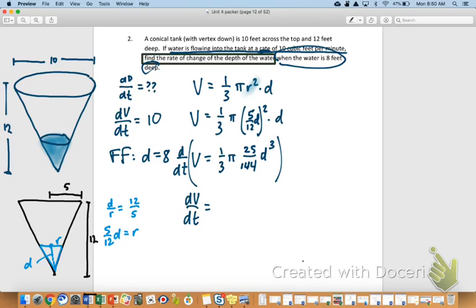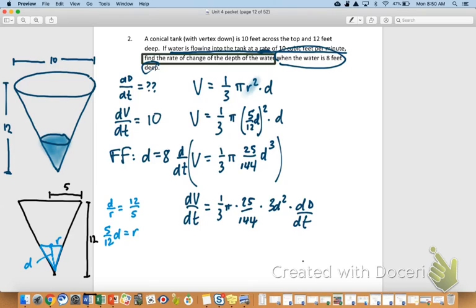Do y'all realize that 1/3 and pi and 25/144 are all constant multiples? So I can basically cover those up mentally and just write 1/3 times pi times 25/144 times the derivative of D cubed, which would be 3D squared times dD/dt.